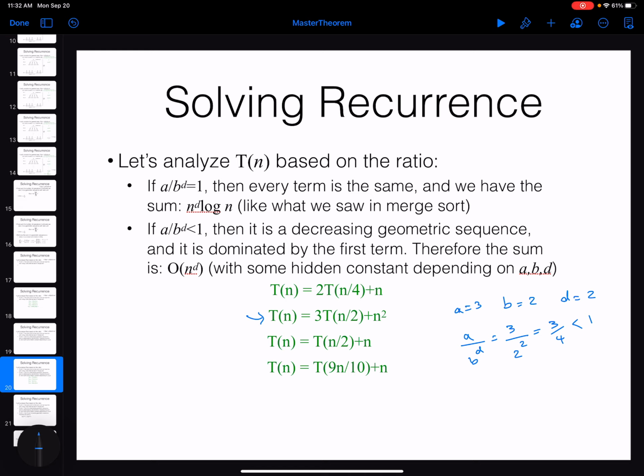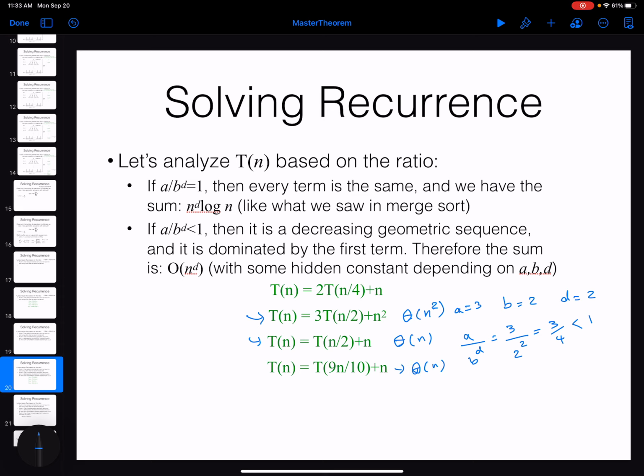So the time complexity here will be theta of n to the power of 2. For this case, again, if you calculate the ratio it will be less than 1. So this one is going to be linear. This one is going to be linear.